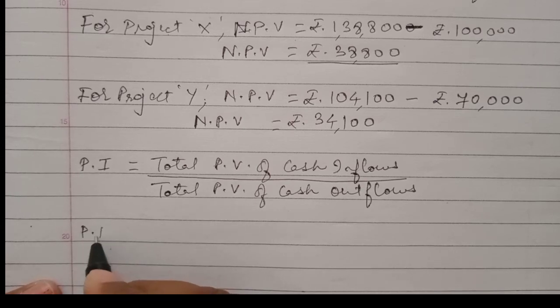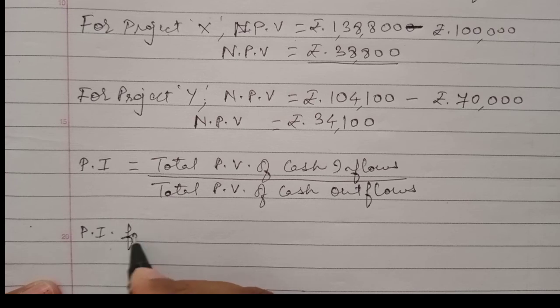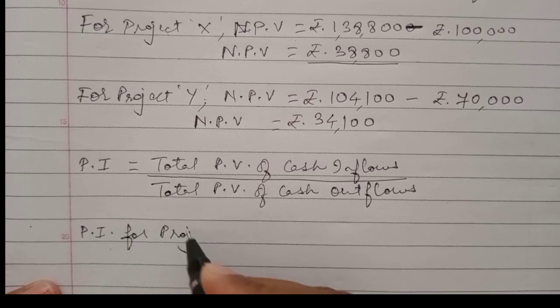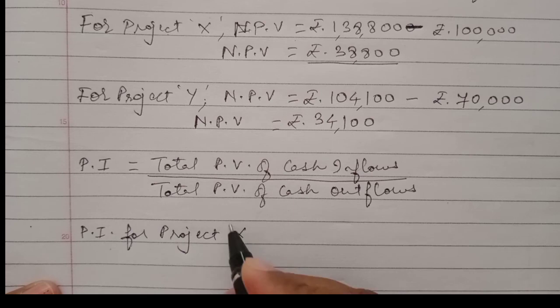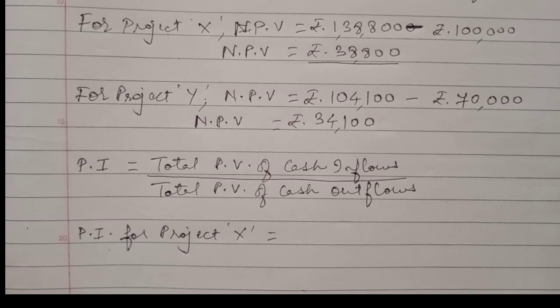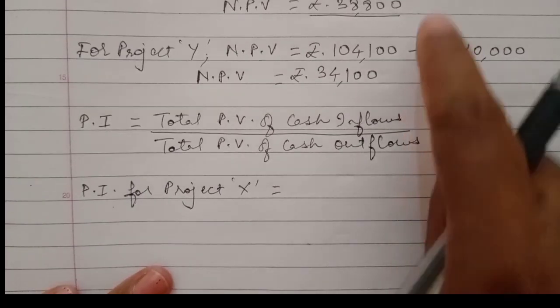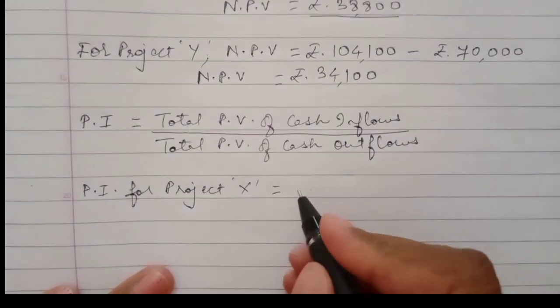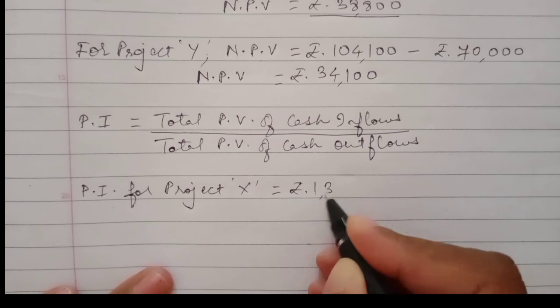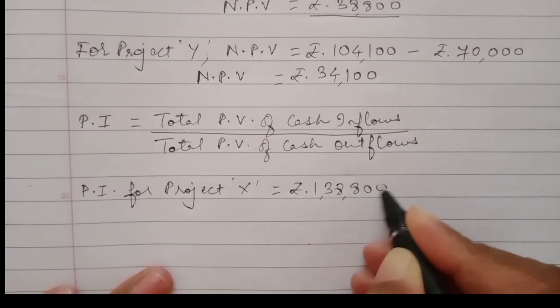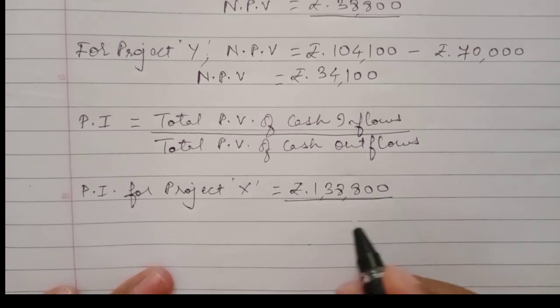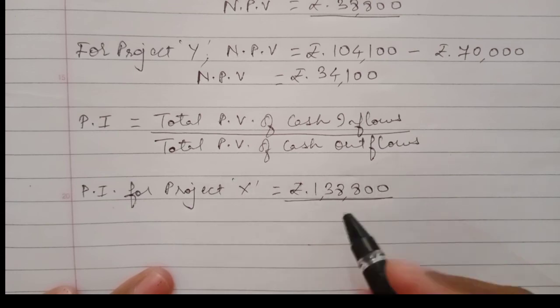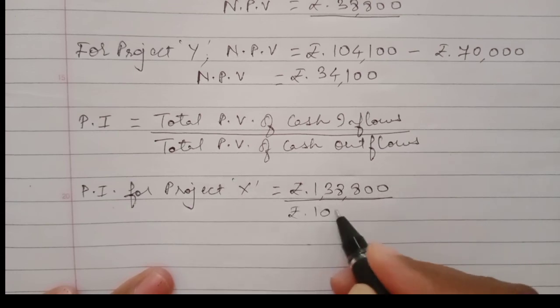So PI, profitability index, for project X will be, now total present value of cash inflows is how much? 1,38,800 for project X. So write it, rupees 1,38,800, and the cost of the project or total PV of cash outflows is rupees 1 lakh.